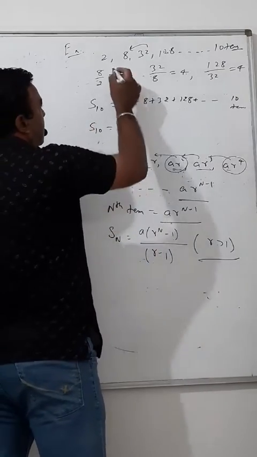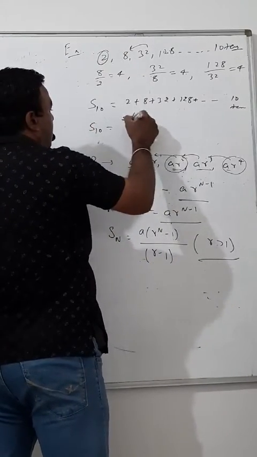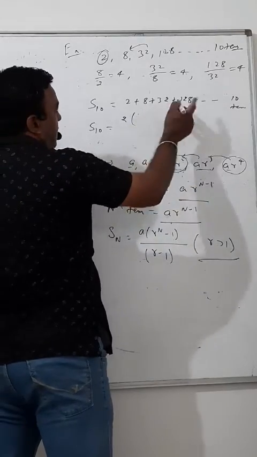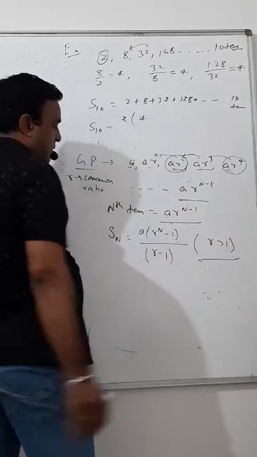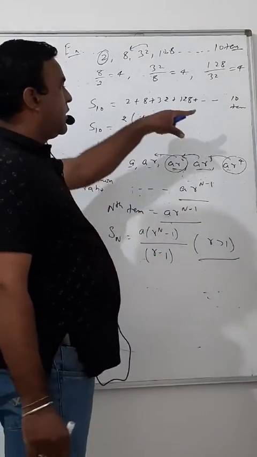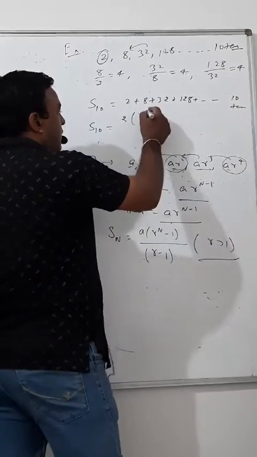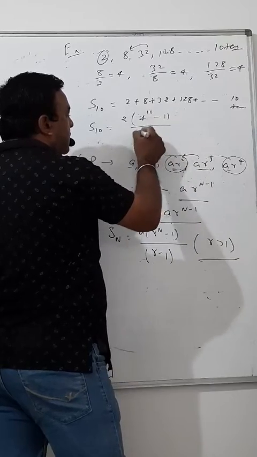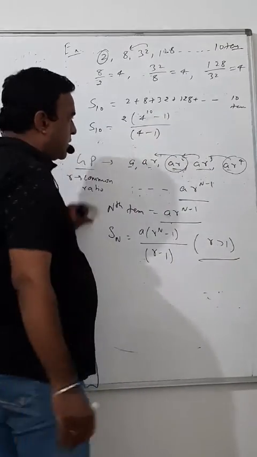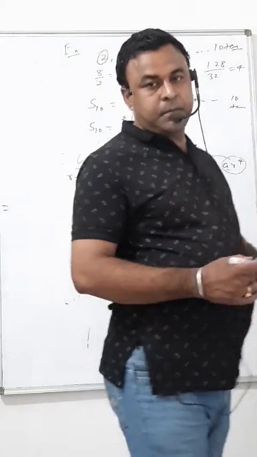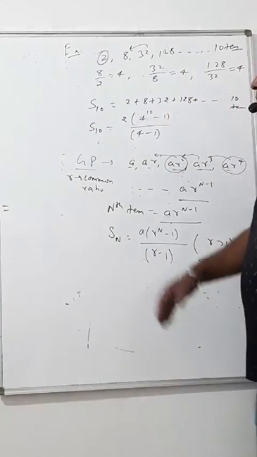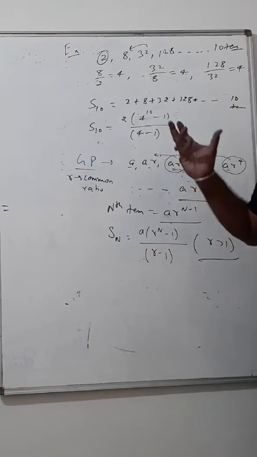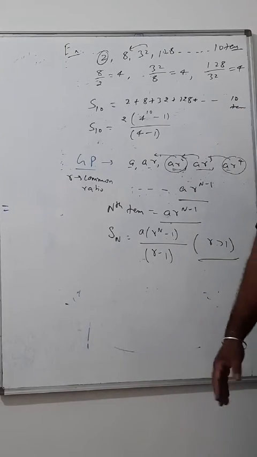A is the first term, 2. R is 4. N, how many terms? 10. So 4 to the power 10 minus 1 by 4 minus 1. Of course, a very large number, but you can calculate.